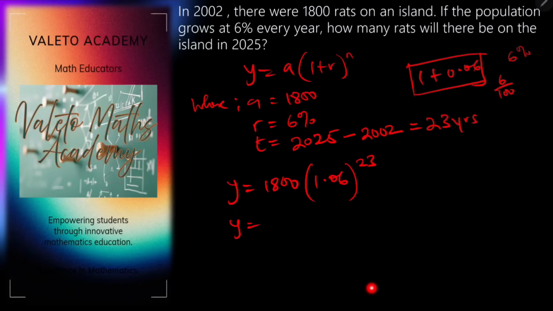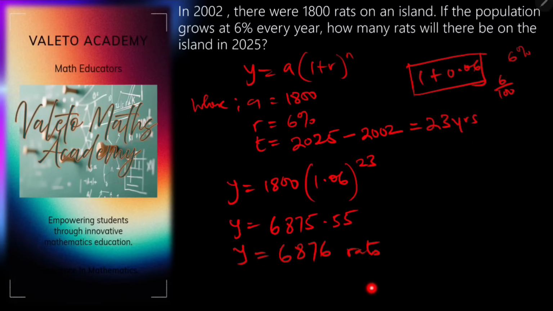This will give us 6,875.55. Since we are dealing with rats, it cannot be 0.55, so it has to be 6,876 rats.